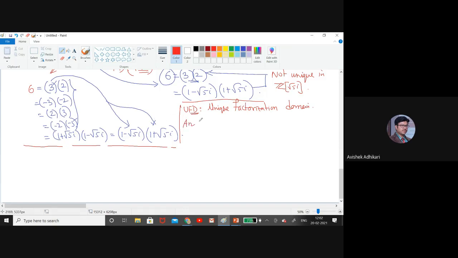An integral domain D is called a unique factorization domain, in short UFD, if the following two conditions are satisfied.